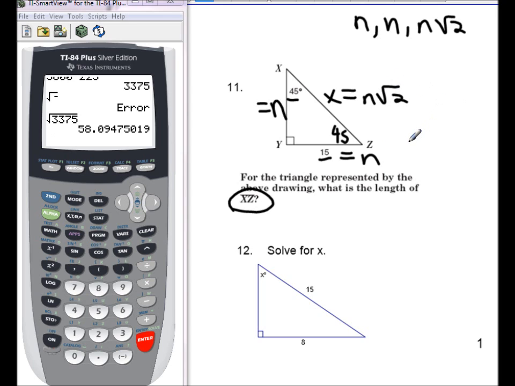Our next step is to identify the side that has a number next to it, which is 15. Since n is already solved for us, all we have to do now is erase and replace. So everywhere we see an n, we erase it and replace it with 15. So x, or side XC, which is what they asked for, is equal to 15 times the square root of 2.